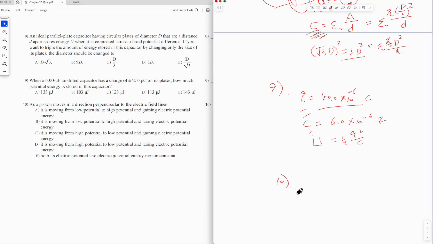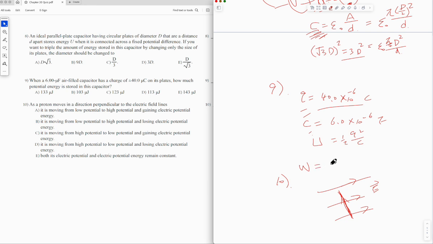Number 10. A proton moves in a direction perpendicular to the electric field. So this is the electric field, and the proton moves perpendicular, in this direction. What does perpendicular mean? Perpendicular means the work is 0.